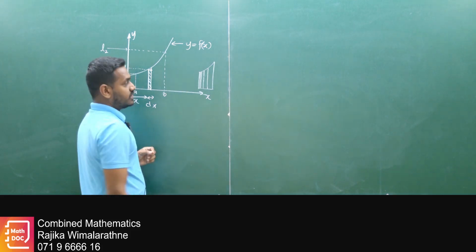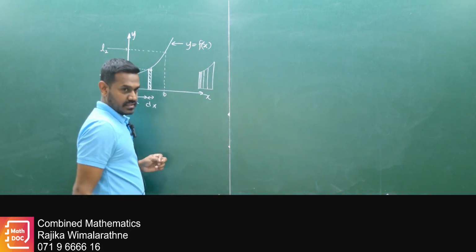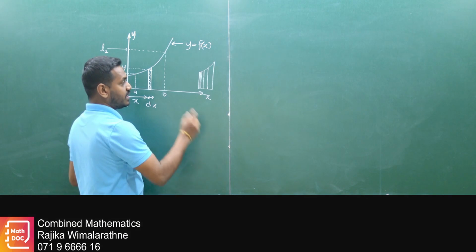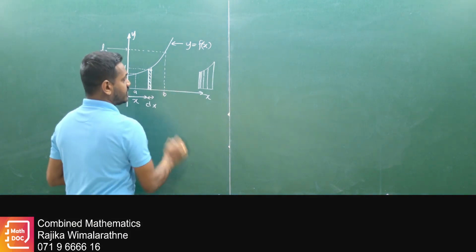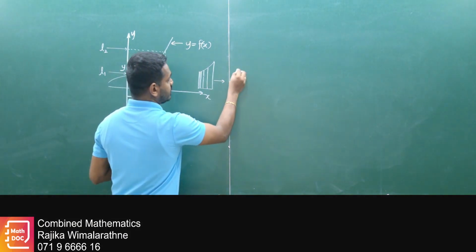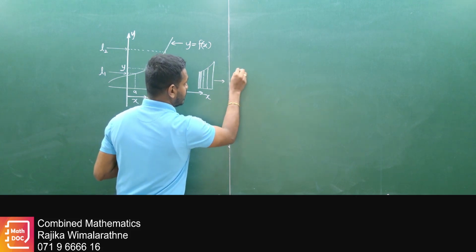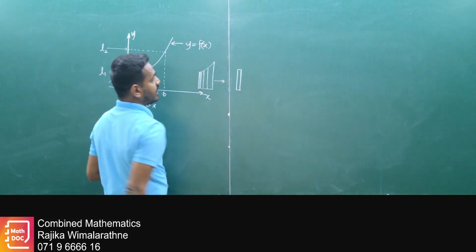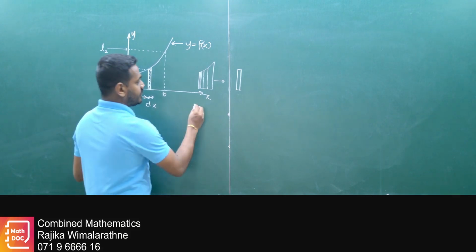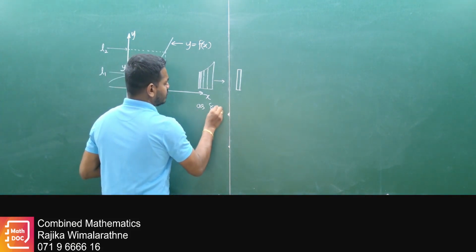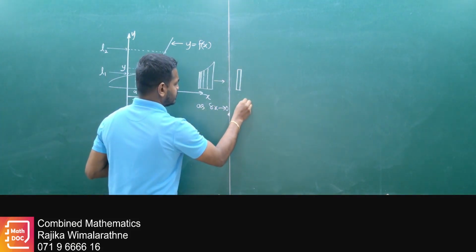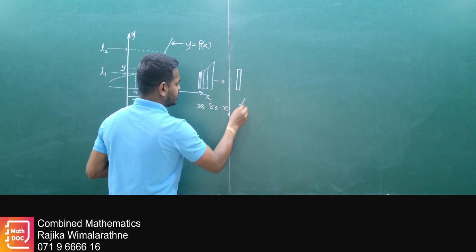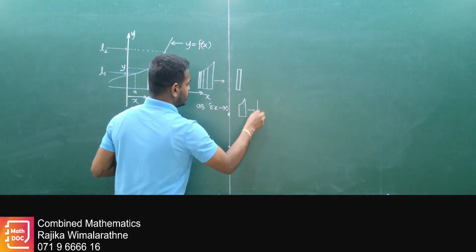So at a small tiny part, we can consider it like a rectangle. That means as delta x goes to 0, this trapezium tends toward a rectangle.